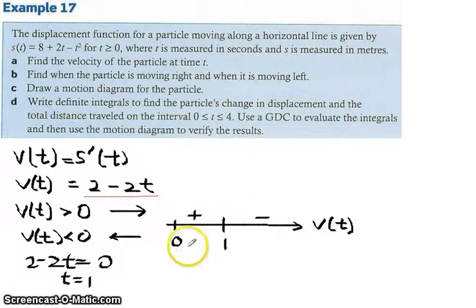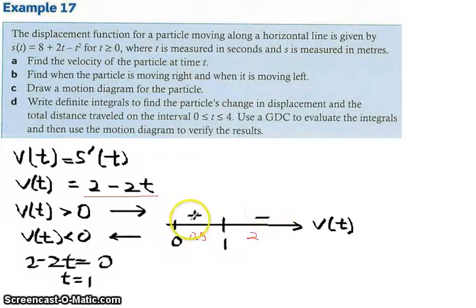Let's say I test this with 0.5. If I put 0.5 in v of t, so v of 0.5 gives me a positive value, right? 2 minus 1, which is a positive value. That's what we care about. And if I test this with maybe a value that is 2, so v of 2, 2 minus 4, this gives me a negative number.